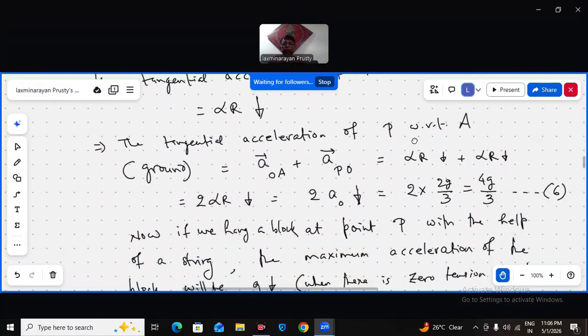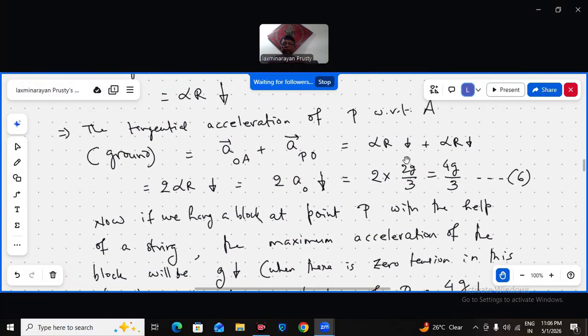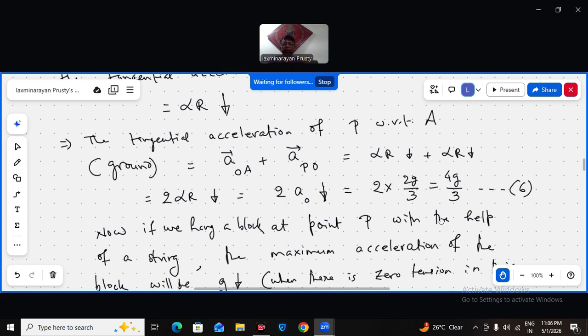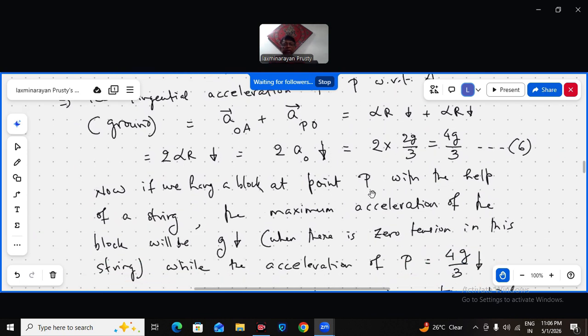So that's what I wrote. The tangential acceleration of P with respect to A is 4g by 3. Now if we hang a block at the point P with the help of a string, the maximum acceleration of the block will be g downward when there is 0 tension in the string. If tension is there in this string, then it will be still less than g, while the acceleration of point P is 4g by 3. Yes or no?